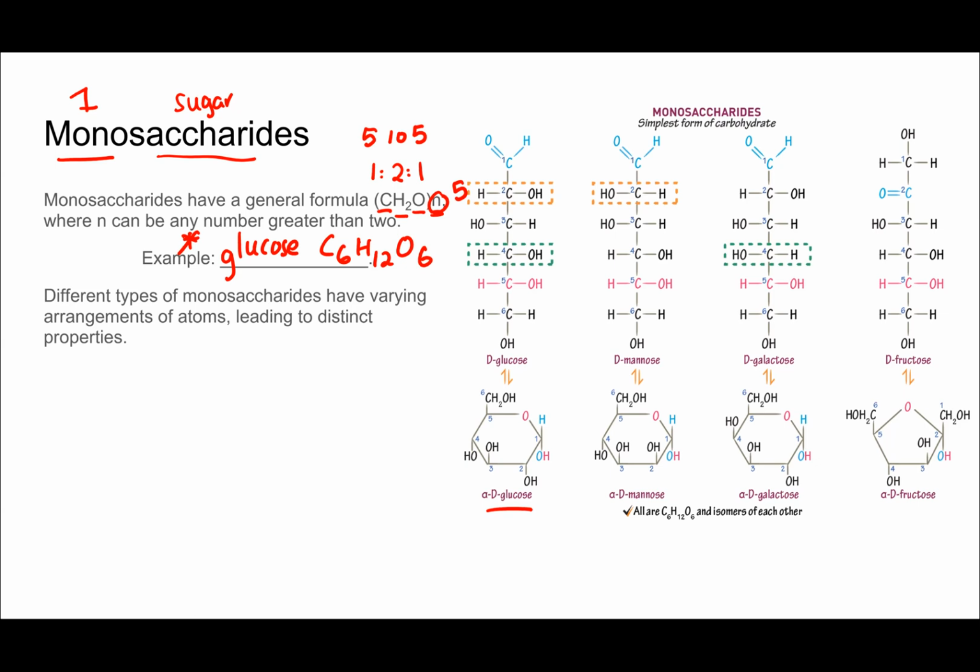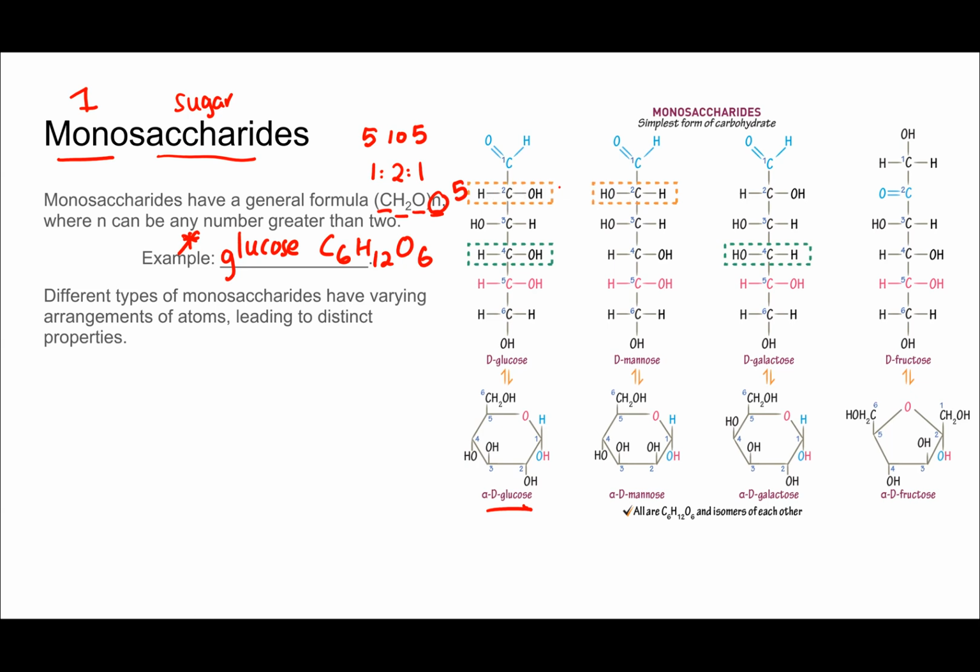However, you can see that the way they arrange their hydroxyl group is slightly different. Alpha D glucose has the hydroxyl group at carbon 2 on the right side, and alpha D mannose has the hydroxyl group at carbon 2 on the left side.